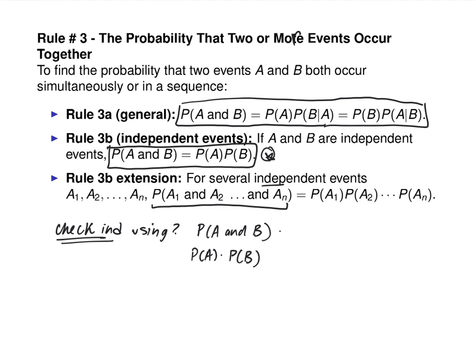So if these are equal, that implies independent. That's the way to check. I think there was also a way using these rules as well, but the most common one we used was that rule 3B thing.